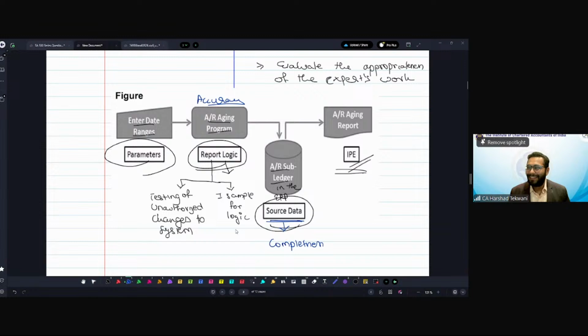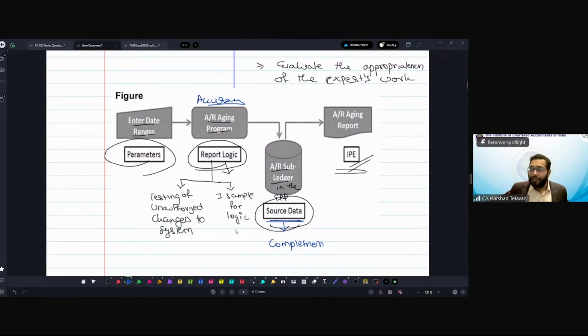Yes. So when I talk about source data, I have to perform procedures in order to get comfort that the source data from where the data has been taken by the logic is complete. There are no unauthorized changes to that data. There are no unauthorized entries to that particular data.